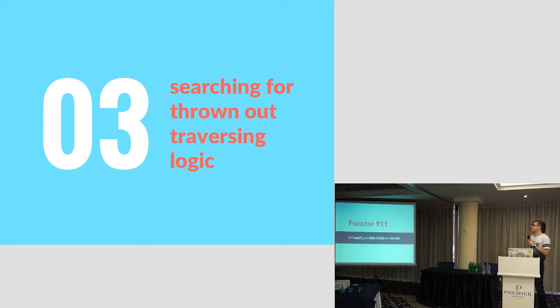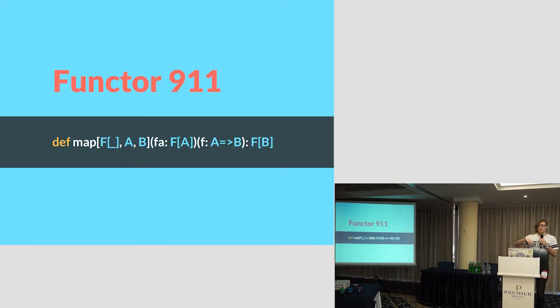Functor is some kind of basic functional abstraction, and to implement a Functor, we must just define a function that will get some data container, get a function from A to B, and it will apply this function to the data inside the container and return modified data, a modified container. Nothing complicated, you use it every day in Scala.